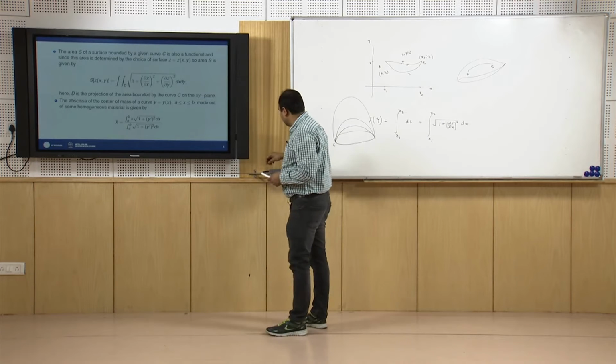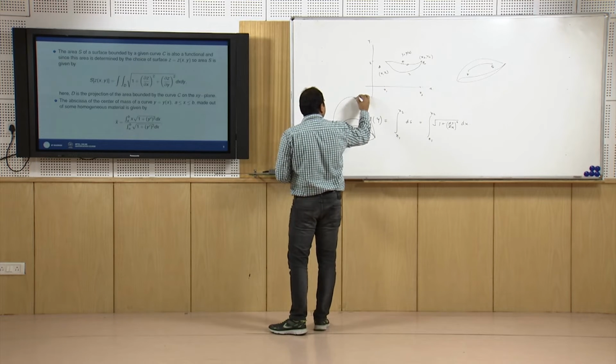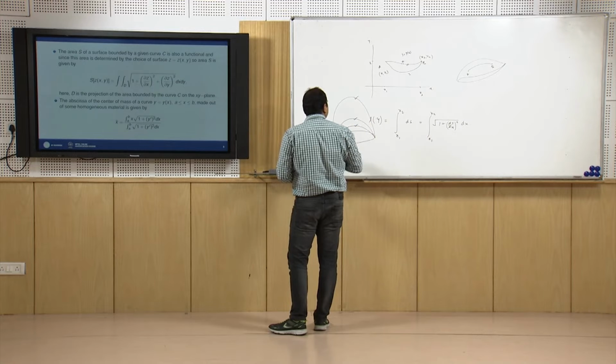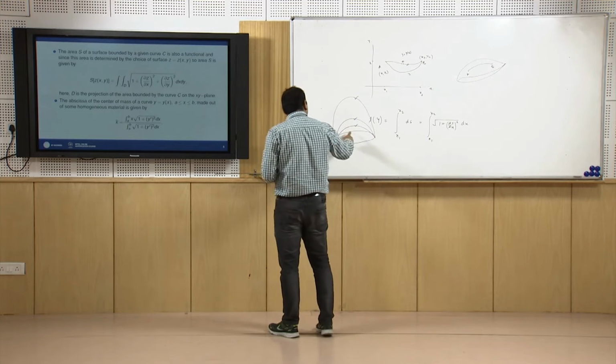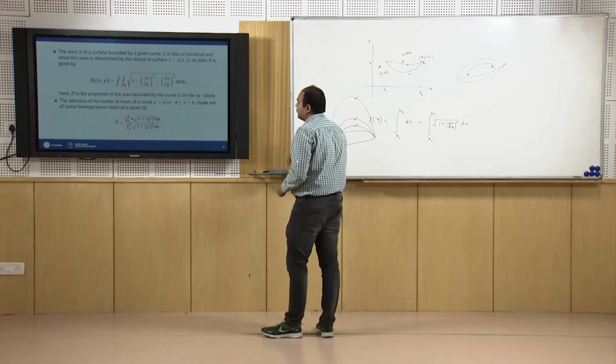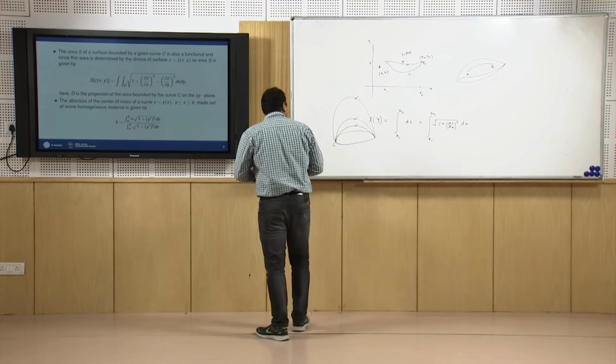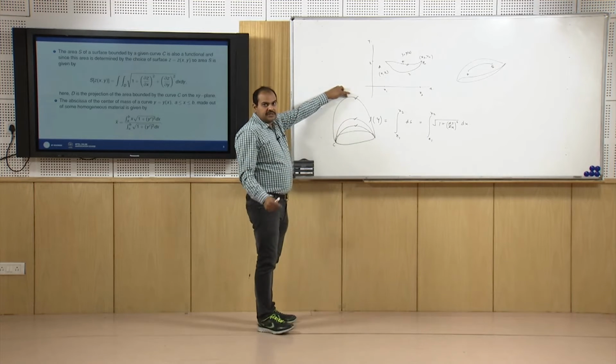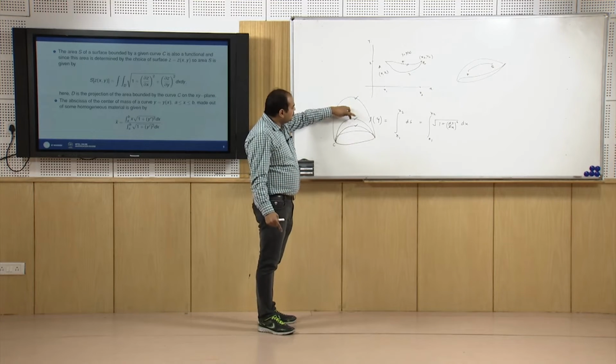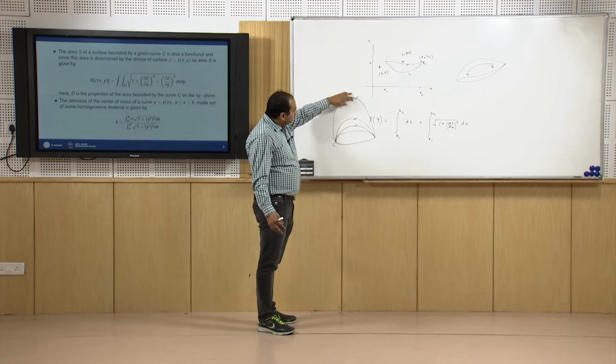Here we want to find the surface area of these surfaces which are bounded by the curve C. If we choose this surface, the surface area is different; if we choose that surface, the surface area is different, and similarly whatever surface you choose, your surface area is quite different.